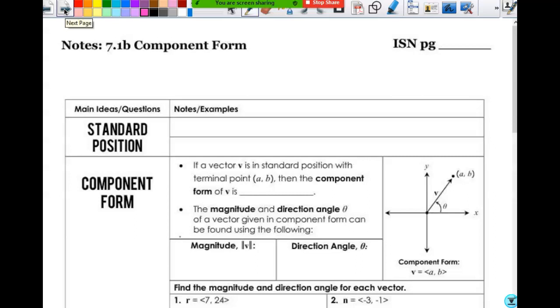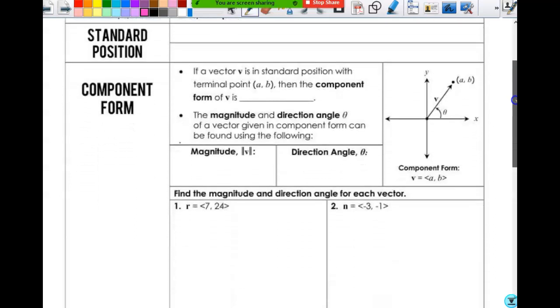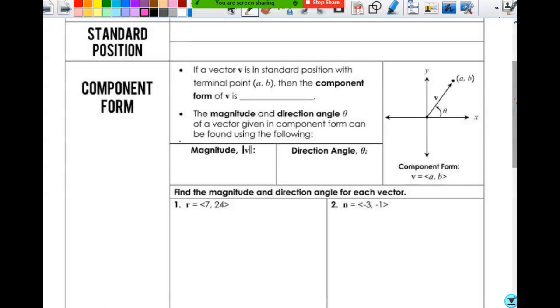We're going to talk about the different ways to write our vectors, the different positions they could be in, and so forth. So standard position is when the initial point, which is the tail, is at the origin.